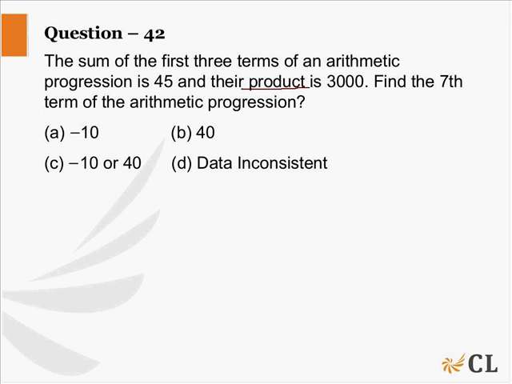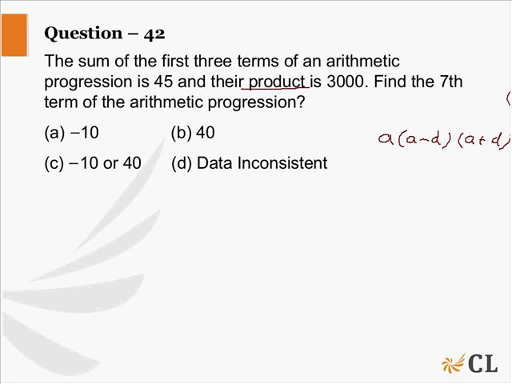So he is saying that the sum of the three terms of the AP is 45. So A minus D plus A plus D is nothing but 45, gives you A is equal to 15. Now product of these three numbers is what? A into A minus D into A plus D is equal to 3000.